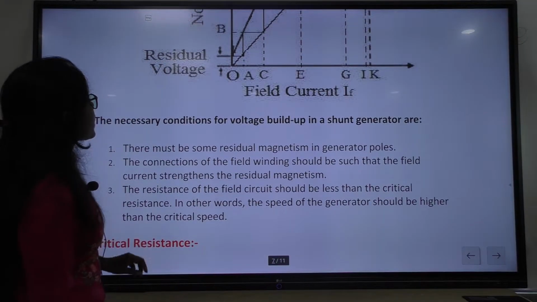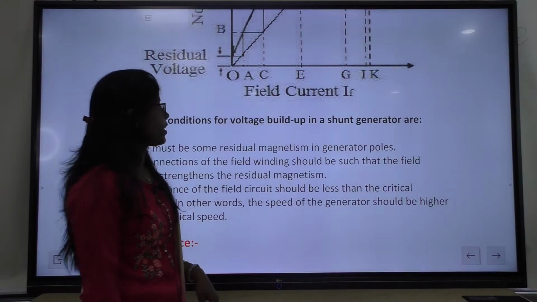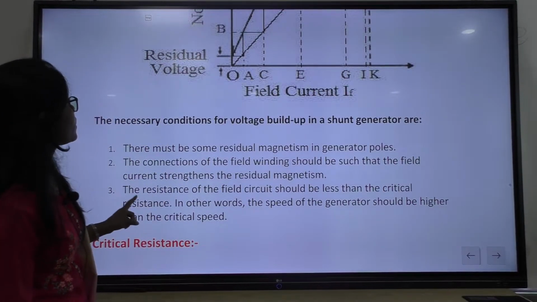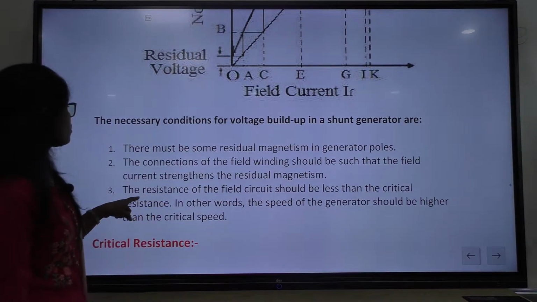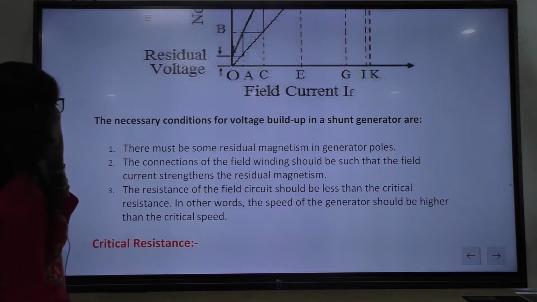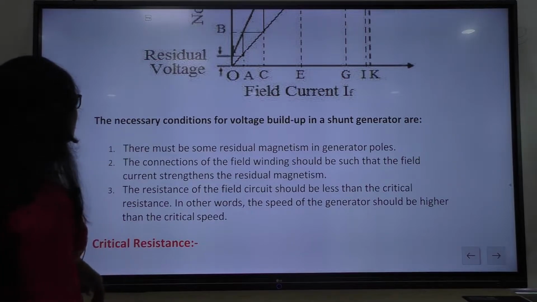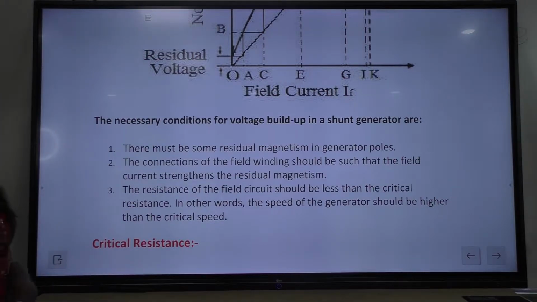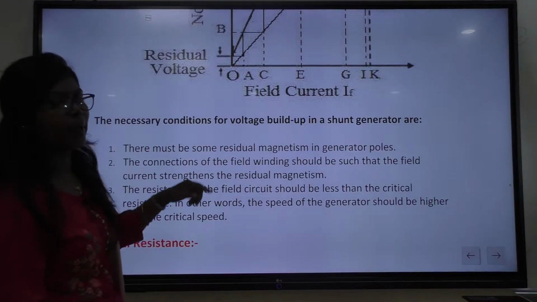So what are the conditions for build up of voltage in a DC shunt generator? First condition is that the pole must have residual magnetism. Second, the connection of the field winding should be such that the field current strengthens the residual magnetism.